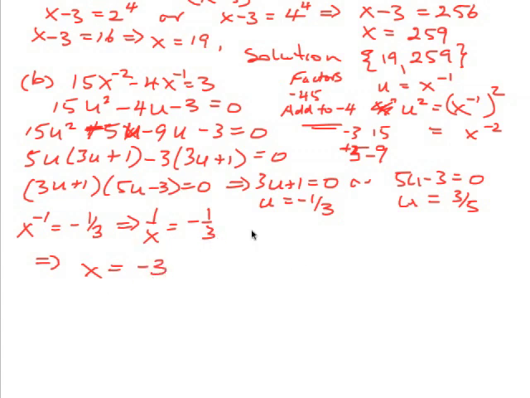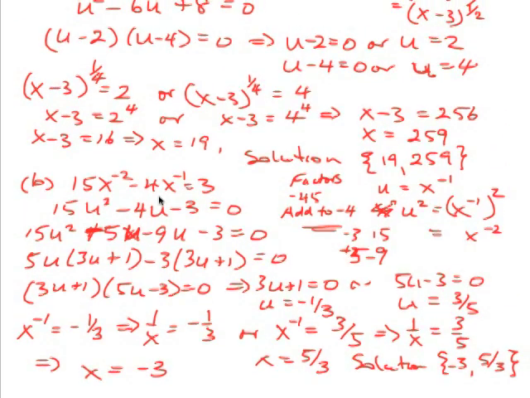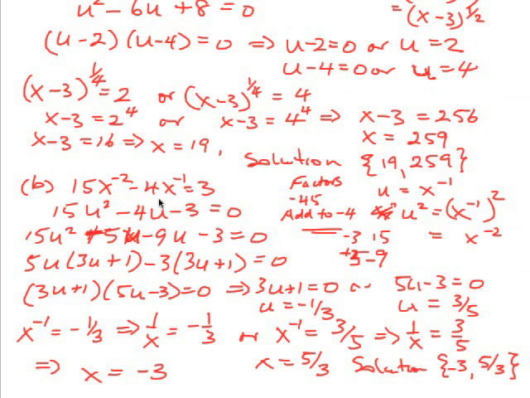Turn them both upside down. Or here we have x to the negative 1 is equal to 3/5, which implies, of course, that 1 on x is equal to 3/5, or x is equal to 5 on 3. And so our solution is going to be negative 3 and 5/3. Okay, right, so that's how we do that one.